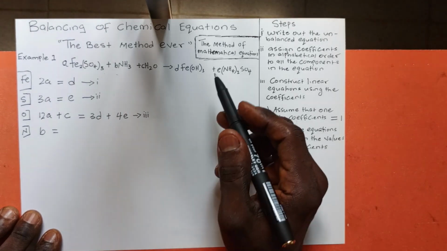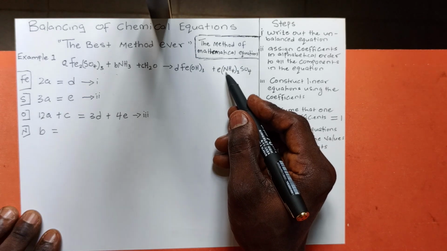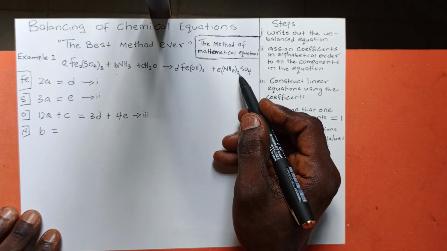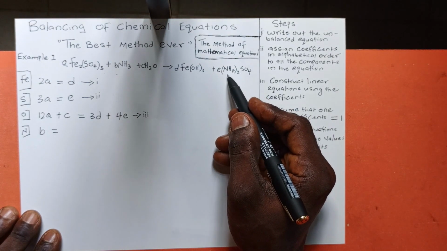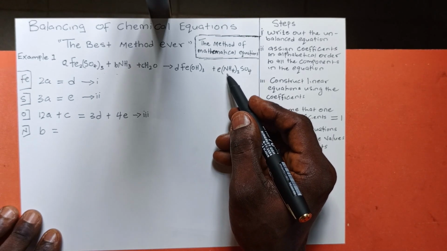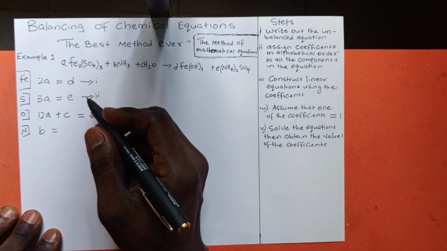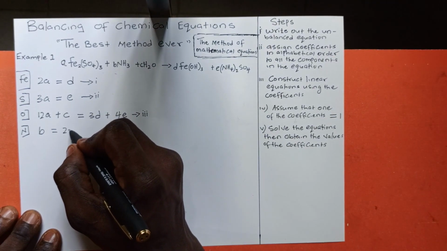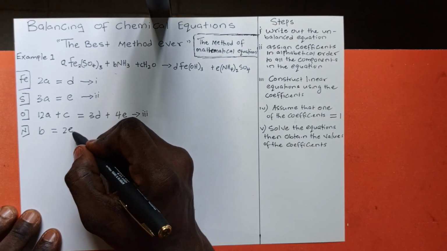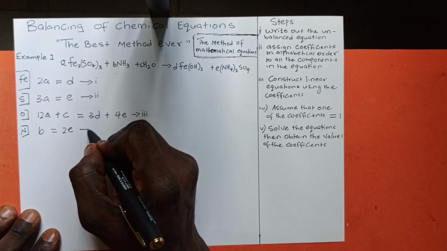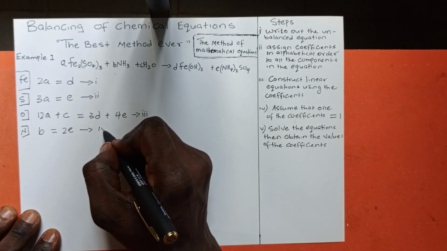Coming to the product side, I have a nitrogen atom here, just 1 inside the bracket, but outside the bracket there is a 2. So 2 times 1 is equal to 2. So I have 2 nitrogen atoms here, and the coefficient is E. So 2 times E is equal to what? 2E. So B is equal to 2E, and this is my equation number 4.